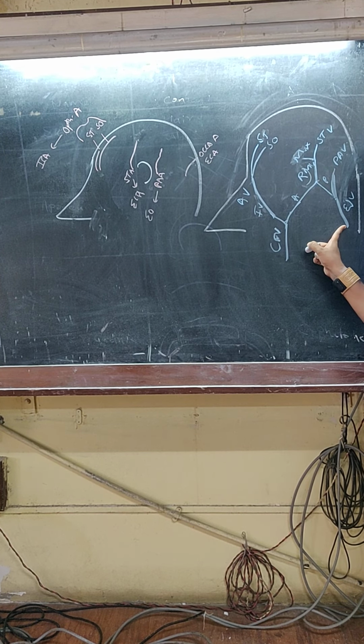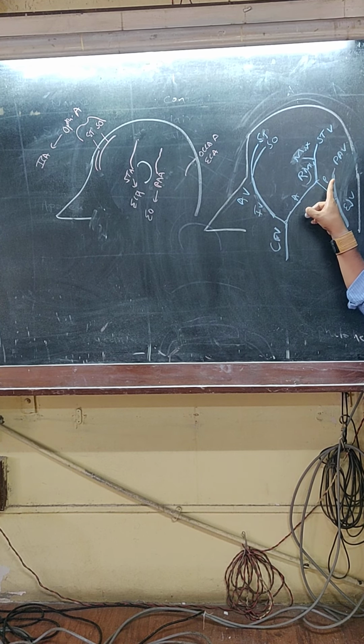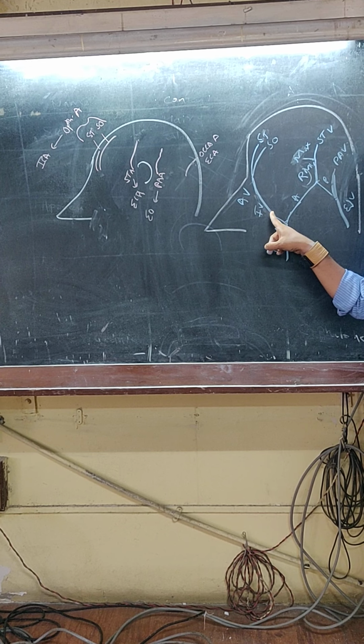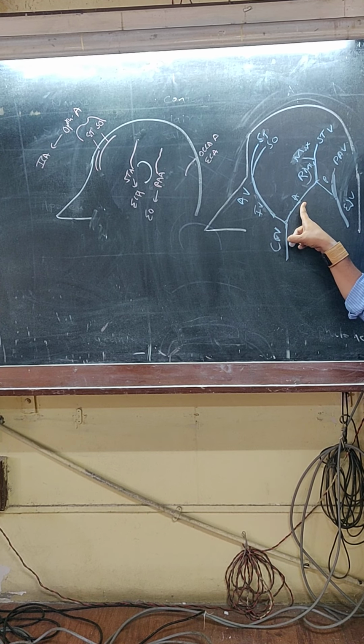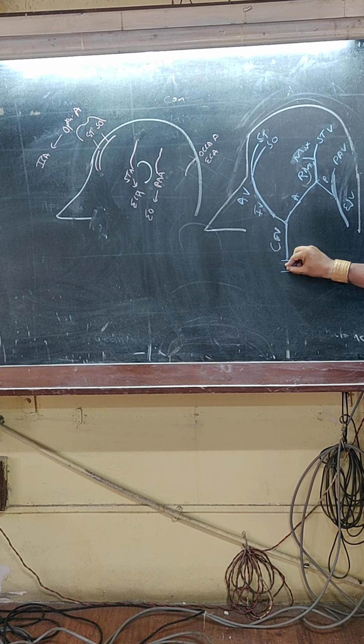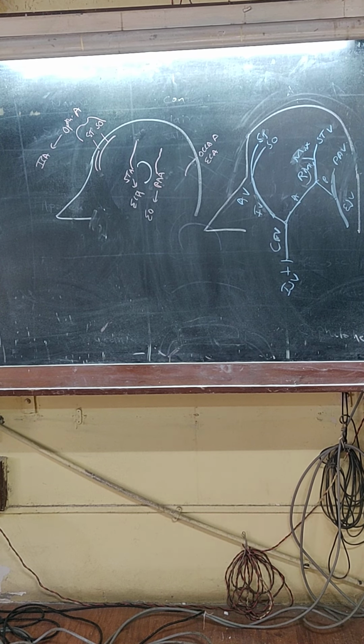How is the external jugular vein formed? By union of the posterior division of the retromandibular and the posterior auricular vein. How is the common facial vein formed? Union of the facial vein and the anterior division. The common facial vein drains into the internal jugular vein.